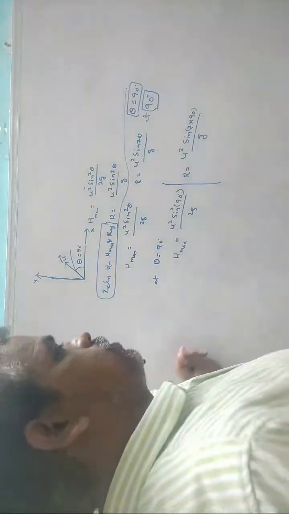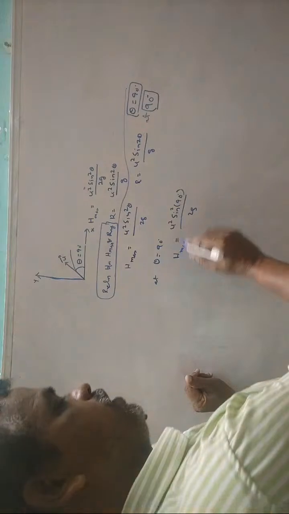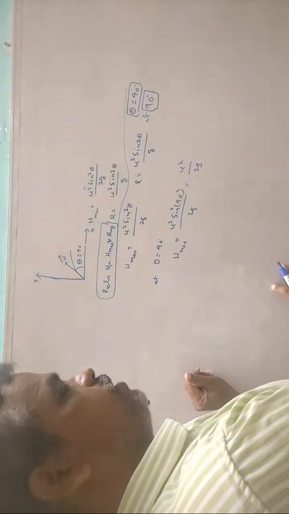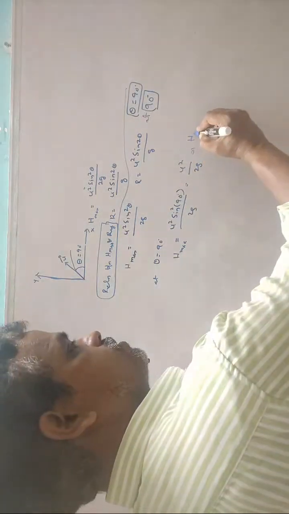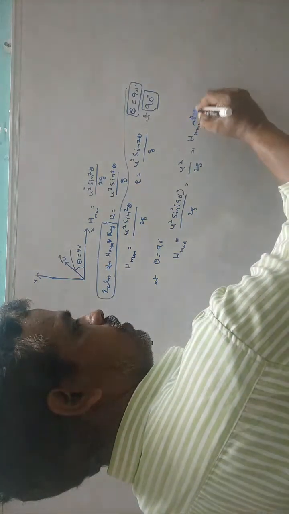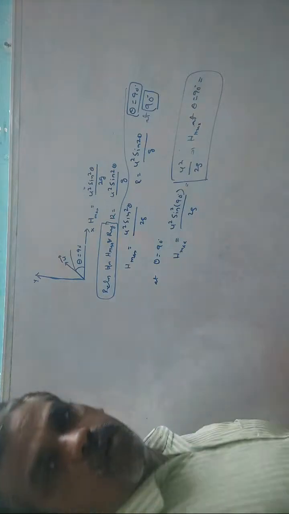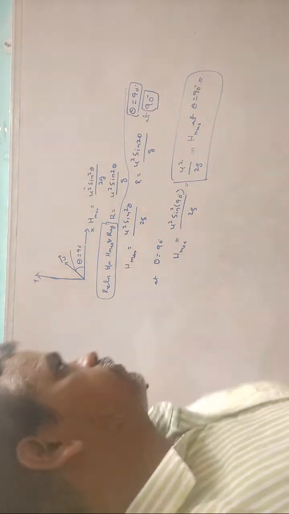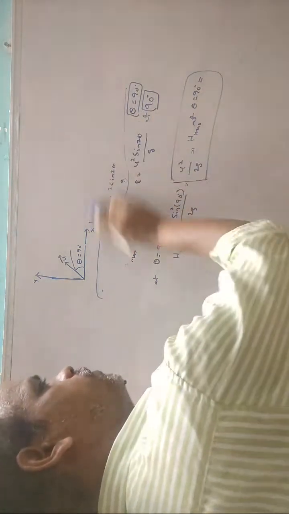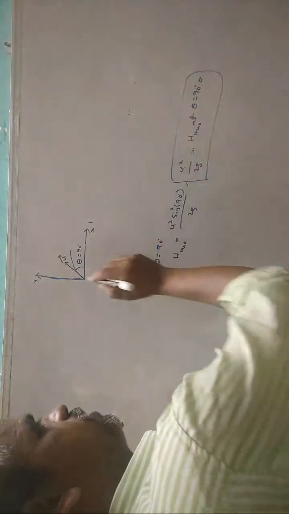Okay, see, keep this: h max at theta equal to 90 will become u square by 2g. That means the maximum height reached by the body at theta equal to 90 degrees will become u square by 2g. So how do we understand this?